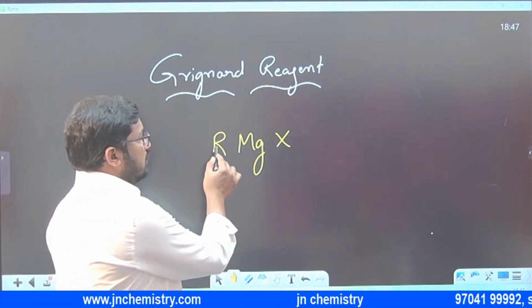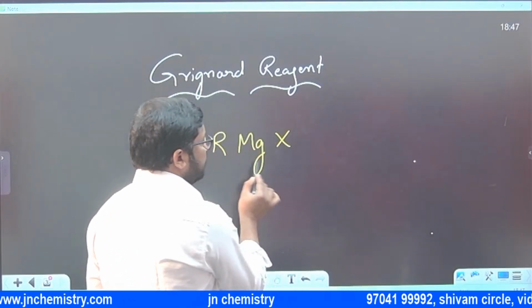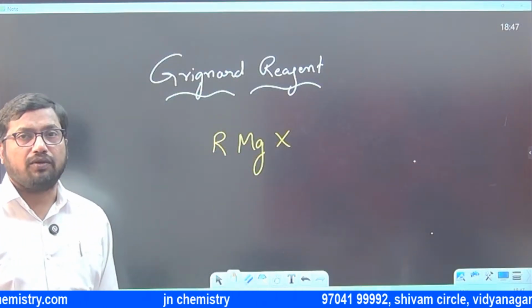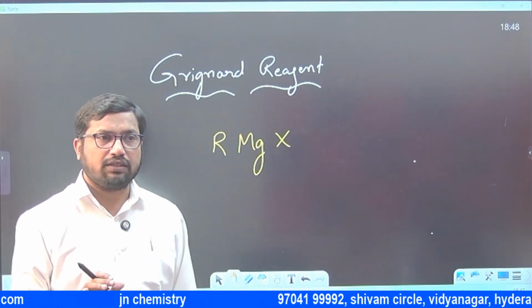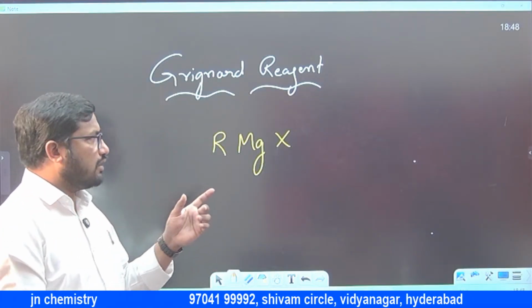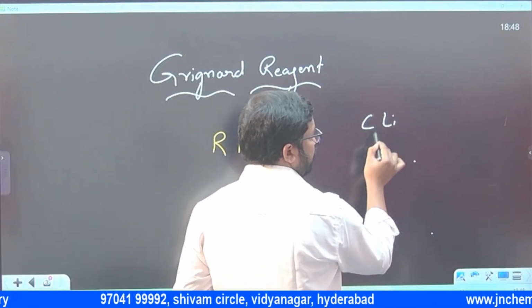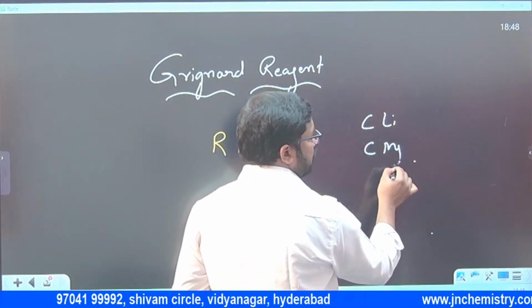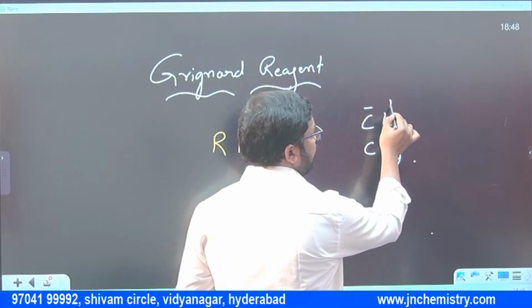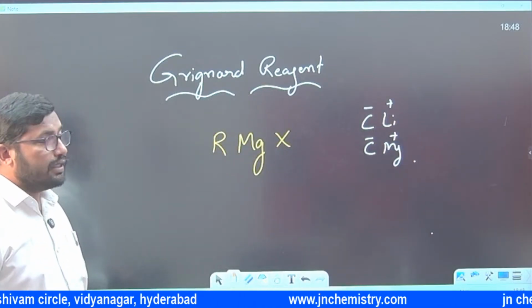Alkyl group. So the speciality of this Grignard reagent: organometallic compound. Organometallic compounds means what? When the carbon is attached to any metal, like RLi, RMg, right? CLi, right? CMg, like that. So it is C minus Li plus, C minus Mg plus, like that, right?